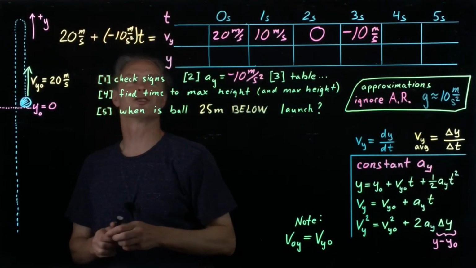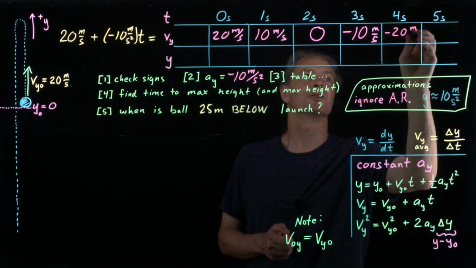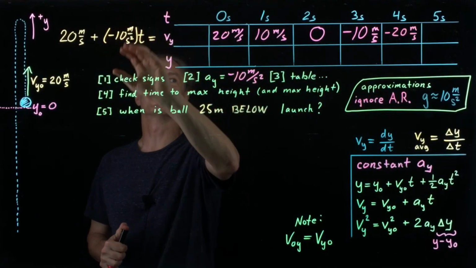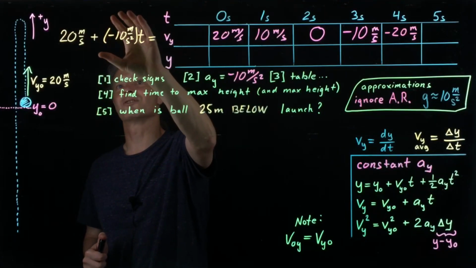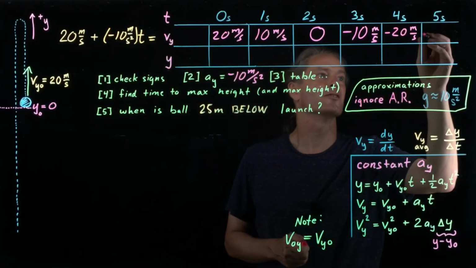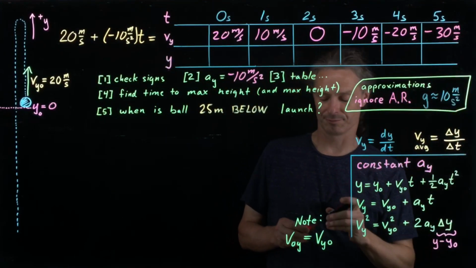Add that to 20 meters per second. I'll have negative 20 meters per second. And finally, at 5 seconds, doing the same thing. 5 times 10 is 50. I've got a minus sign, so I've got negative 50 meters per second plus 20 meters per second gives me negative 30 meters per second.